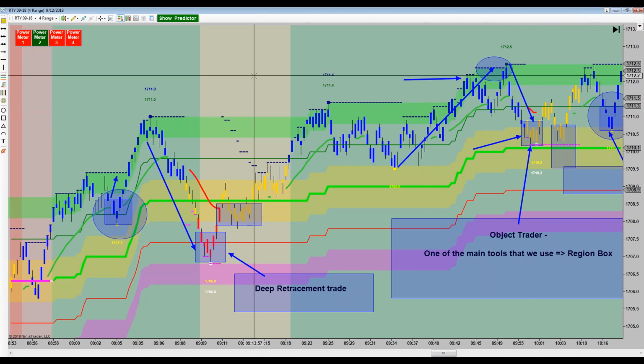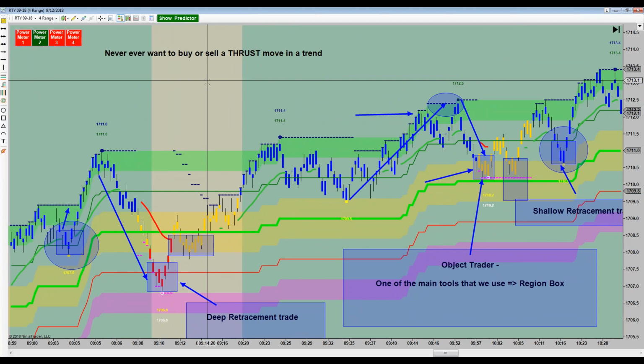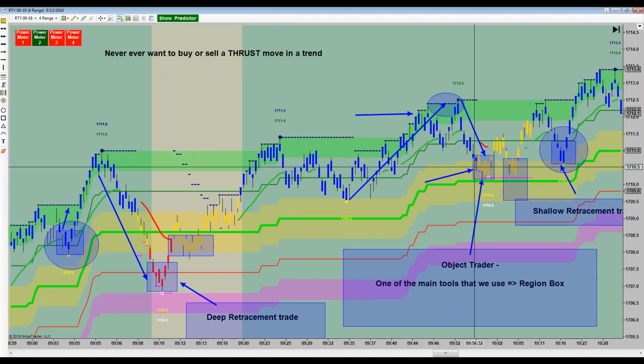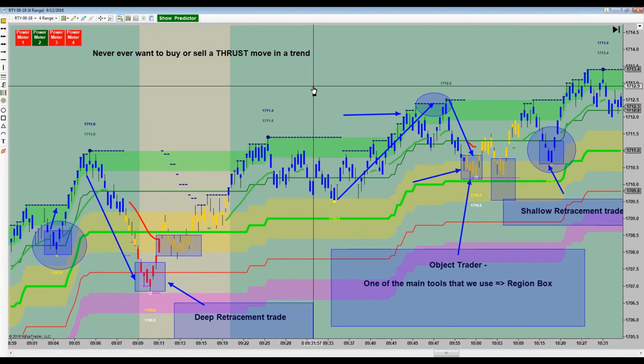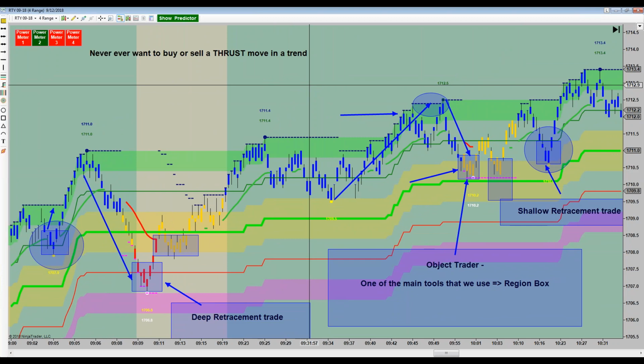They're obviously better than shallow, and they're not quite as challenging as the deep ones. That's why I've got to tell you, mid-band trades are pretty much my go-to trade. I love those. I take them every day, all day long. If you learn mid-band trades, you can make good money trading futures. You can, seriously. I'm not blowing smoke there.